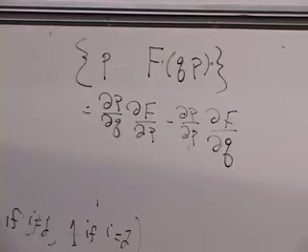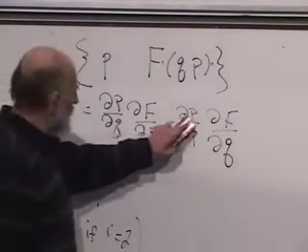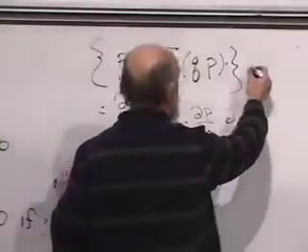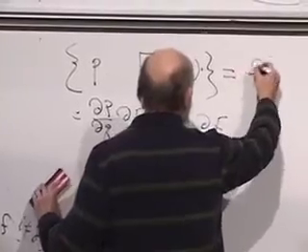Now, the first term is 0. dP by dQ is 0. The second term, dP by dP is 1, and so it just gives minus dF by dQ.